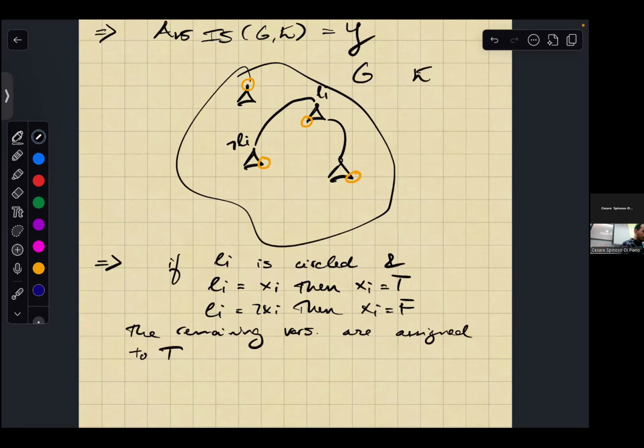I already know that for every clause I have an Li which is true because I'm going through this sort of assignment.